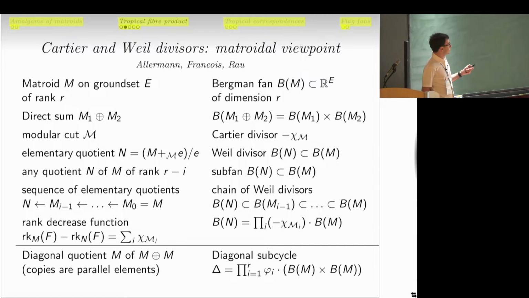This particular language should be credited to Lars Allermann, Georges François, and Johannes Rau. But it would be a shame not to mention that this idea of tropical geometry being locally consisting of something matroidal was very popular, and there were very many people who dealt with it and contributed to it.